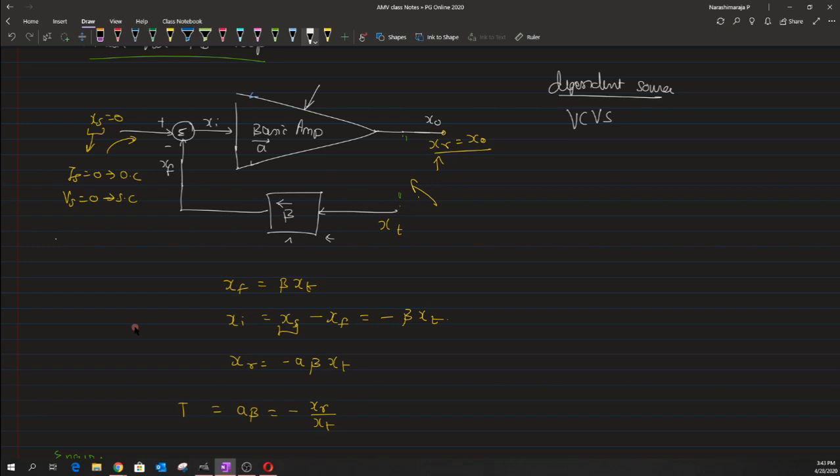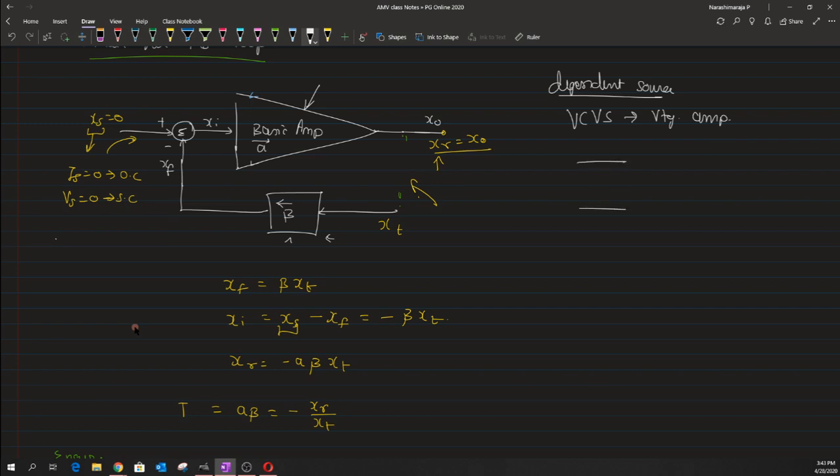So usually we'll be using these dependent sources to model this basic amplifier, right? Say for example, we were using this voltage controlled voltage source for the basic amplifier when we model it as a voltage amplifier. Hope that you remember.